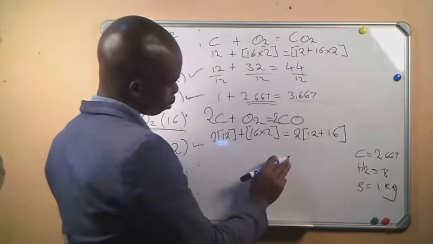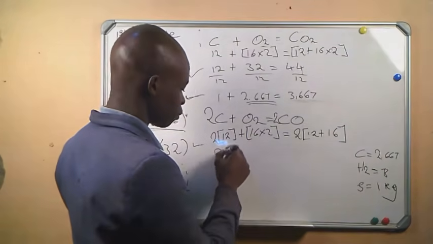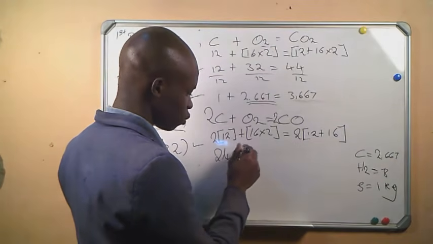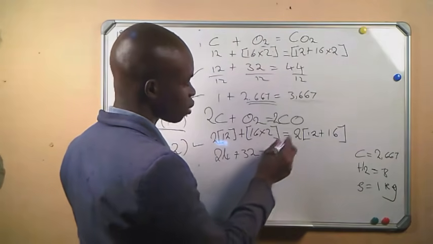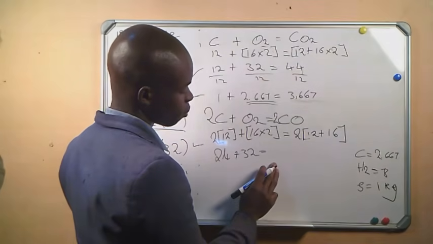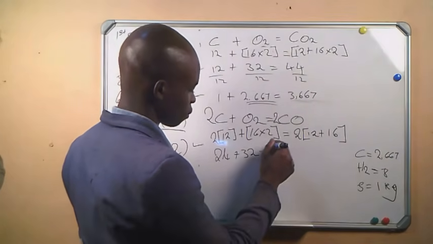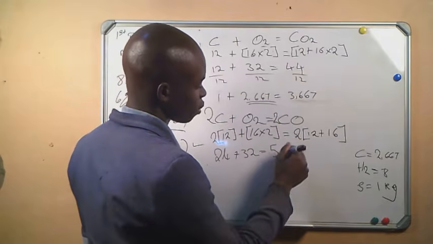And then we simplify. Here it's going to be 24. Here it's going to be 32. It's going to be 56. Yes, 56.